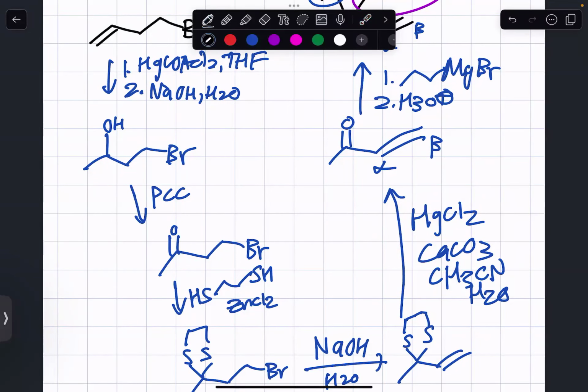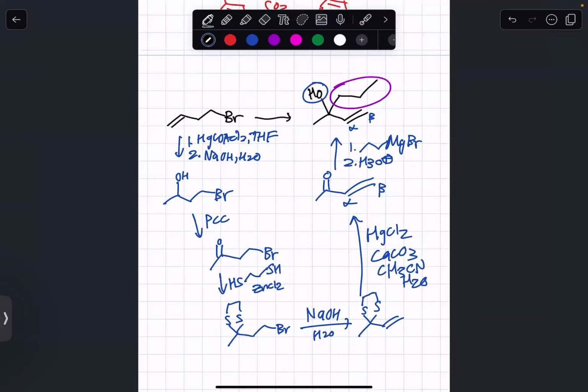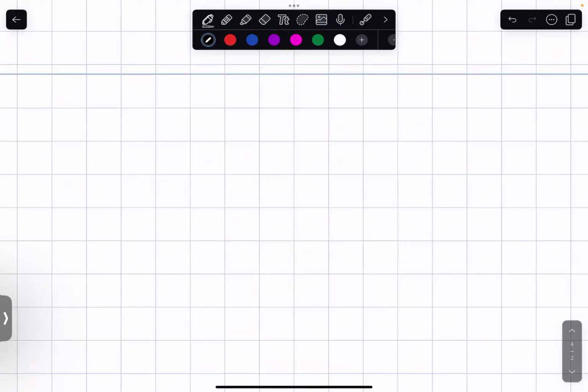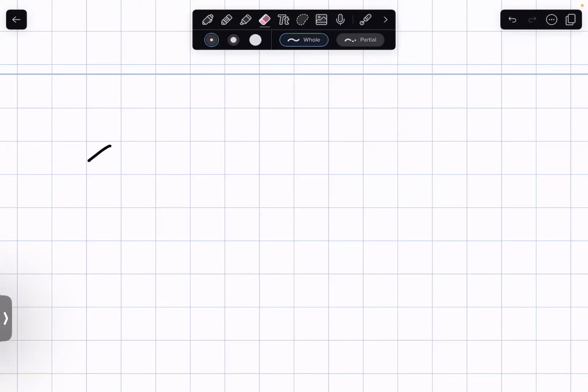Okay, so let me try to combine midterm one, midterm two, and the new material together for this one synthesis here. Let's see. Let me think about this really quick.